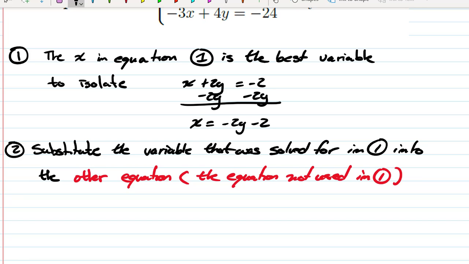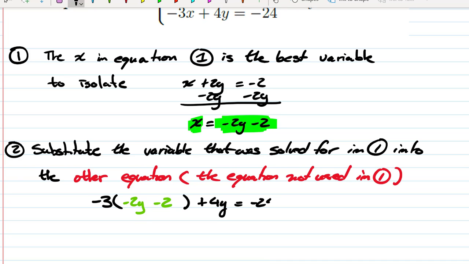So we know x is the same as negative 2y minus 2. Then we substitute that into the second equation. We have negative 3 times negative 2y minus 2, plus 4y equals negative 24.